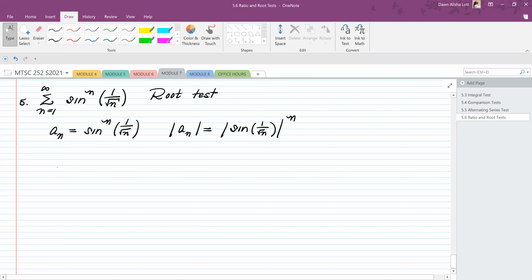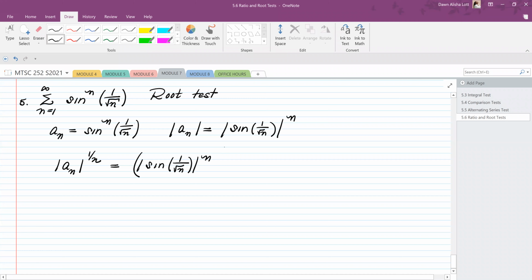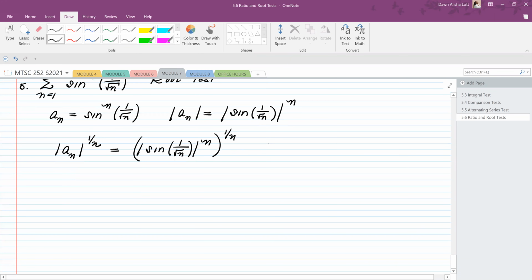So therefore, the absolute value of a_n to the 1 over n is the absolute value of the sine of 1 over the square root of n to the nth power, to the 1 over n. So the 1 over n's cancel. That just gives me the sine of 1 over the square root of n.